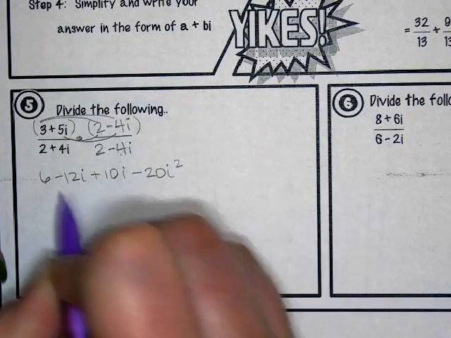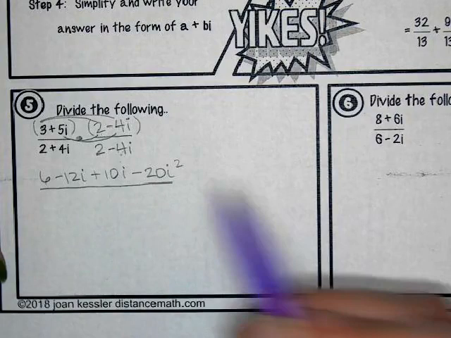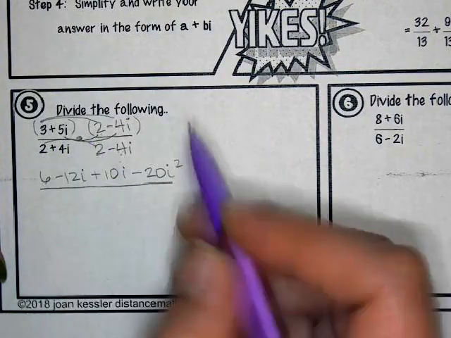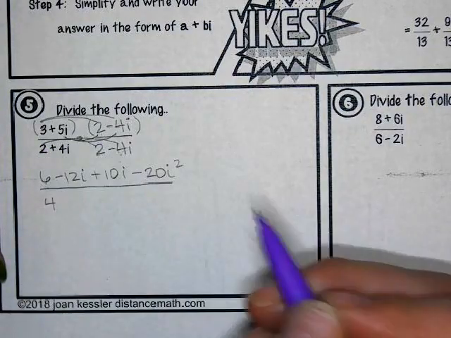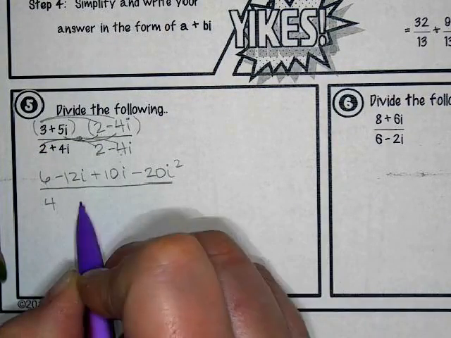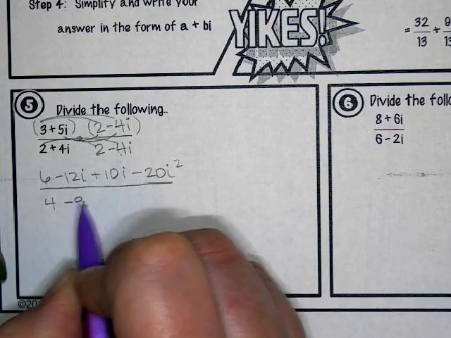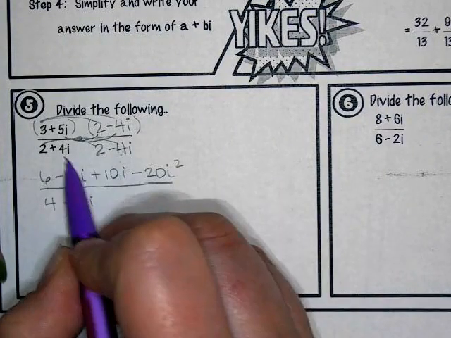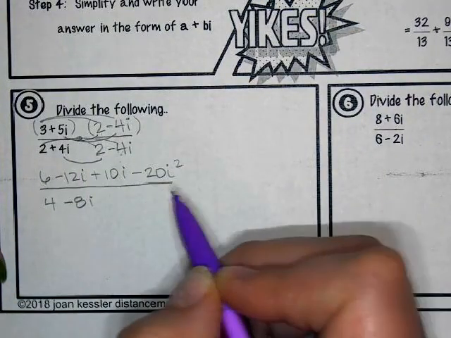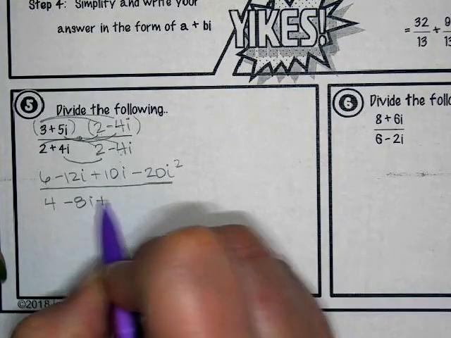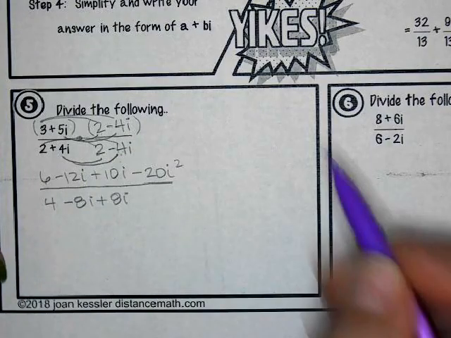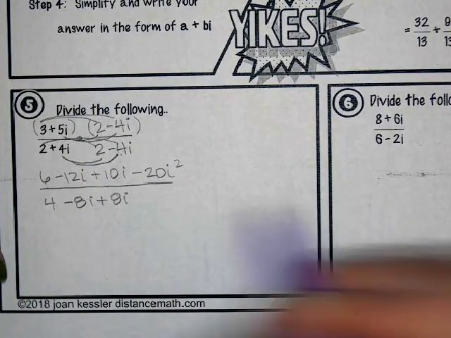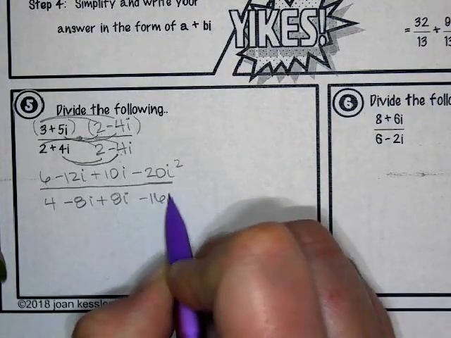Okay. And then on the bottom, we have 2 times 2 is 4. 2 times negative 4i, negative 8i. 4i times 2, positive 8i, and then positive 4i times negative 4i, negative 16i squared.